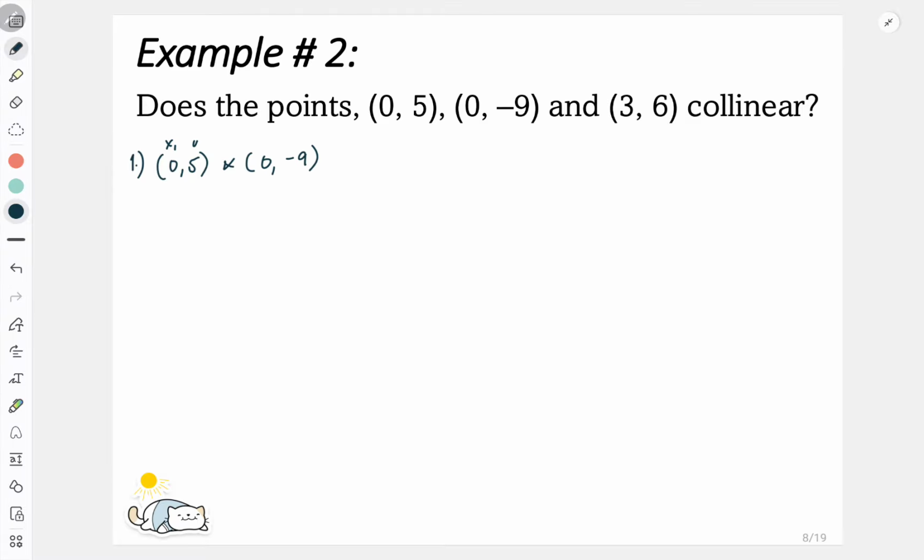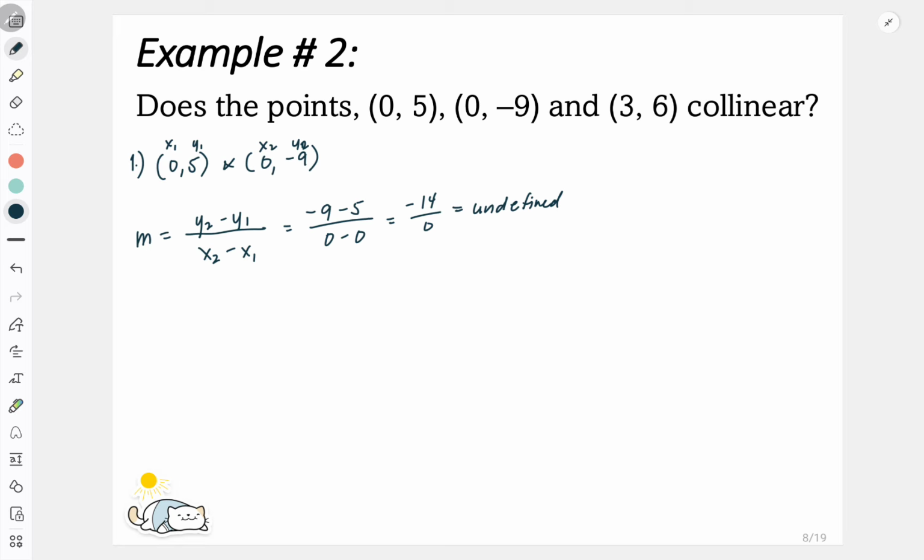So x sub 1, y sub 1, x sub 2, y sub 2. So m is equal to y sub 2 minus y sub 1 all over x sub 2 minus x sub 1, which is negative 9 minus 5 over 0 minus 0. So take note, this is negative 14 over 0, or that is undefined.